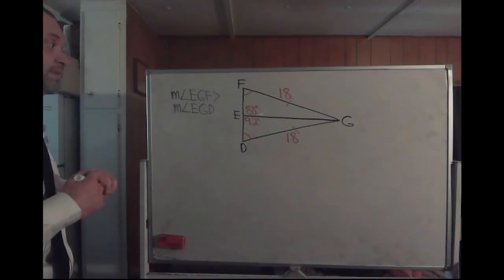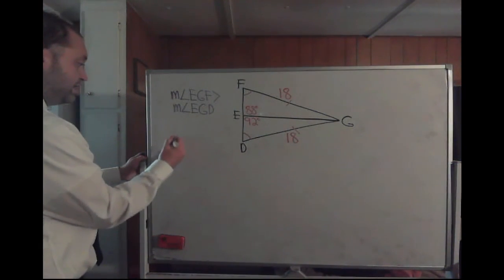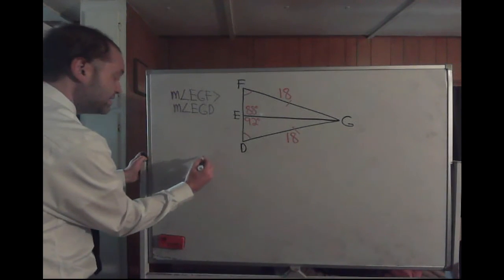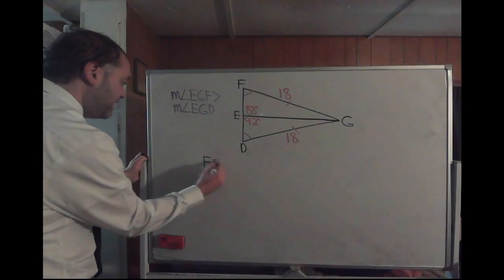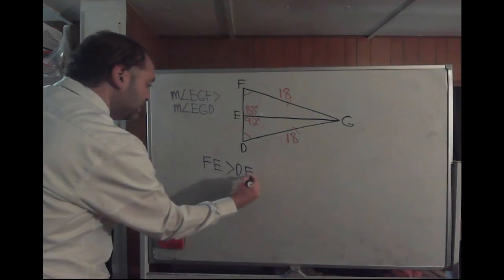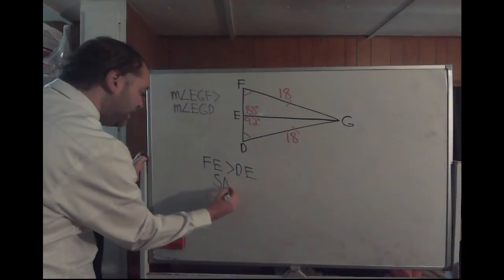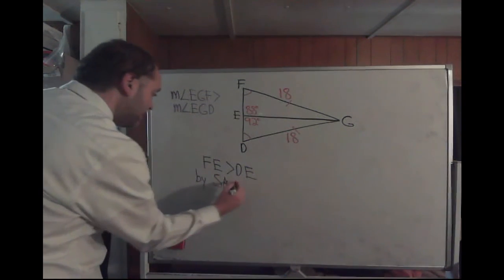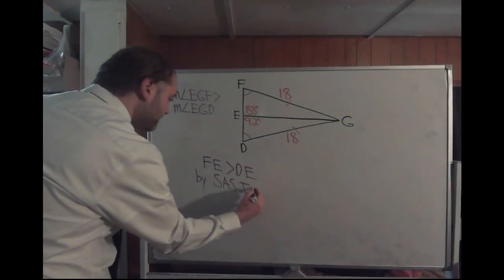So what does this mean? This means that the length of FE is greater than the length of DE by the side-angle-side inequality theorem.